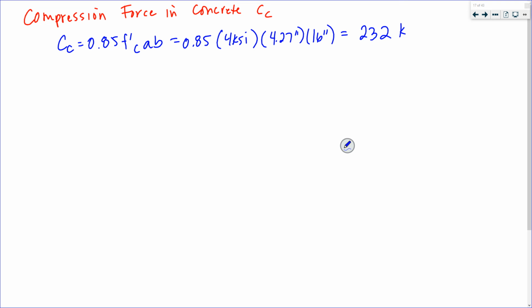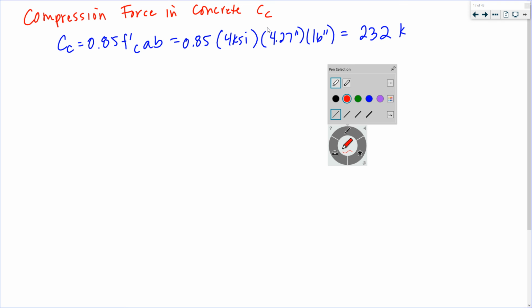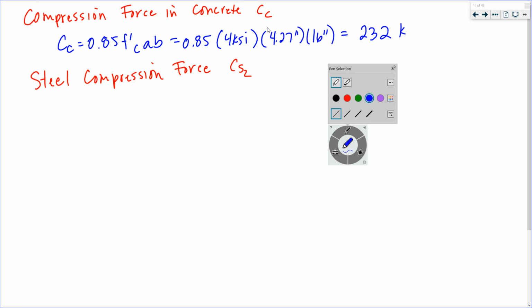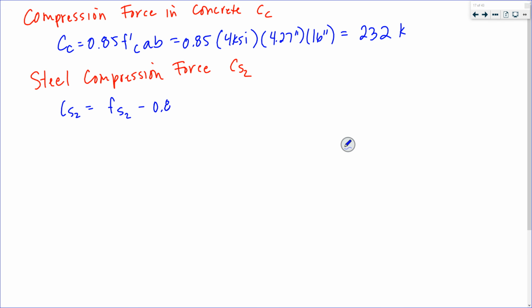Oops. My steel compression force, C sub S2, is 0.8. Oopsie, sorry. The stress in that steel minus the 0.85 F prime C, because we've got to subtract out the part that is in concrete, times the area of steel 2.